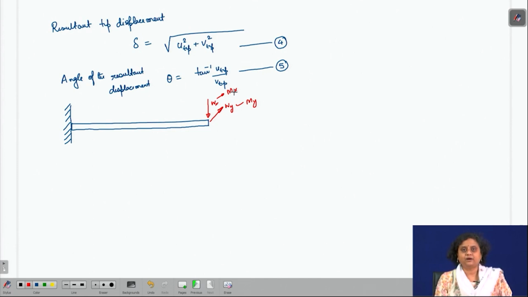Then in the expression we have to use non-zero values for both mx and my.